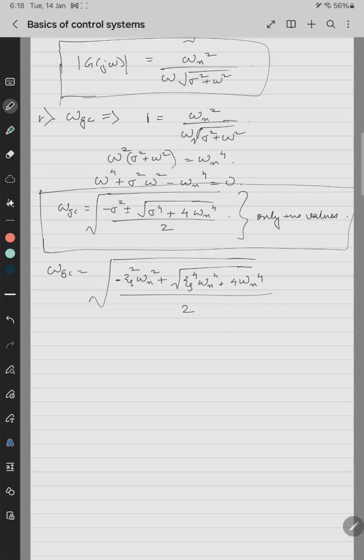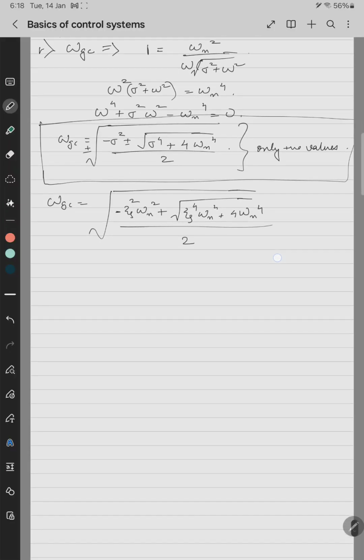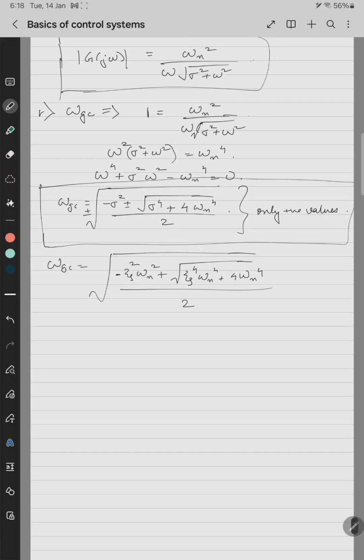Like this, something we have derived here also plus minus, so we'll take only the positive sign. And omega should only be positive and it should not be complex, only positive and real. So inside we should take positive sign, and outside also we should take positive sign, plus sign, and then we should solve.